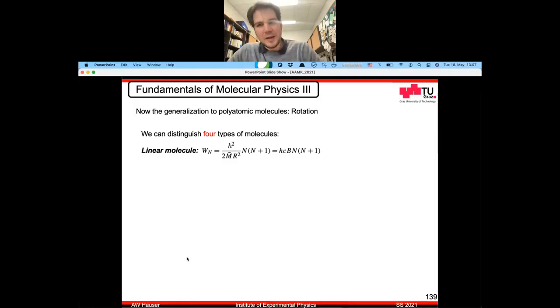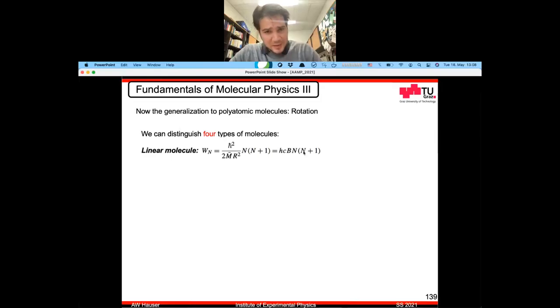The diatomic is in the class of linear molecules, and here we only have this one rotational constant b because we have only one moment of inertia, right? So it's only this reduced mass multiplied by r squared for the diatomics, for example, giving you the moment of inertia, defining you your rotational constant, and you have this energy b times n(n plus 1).